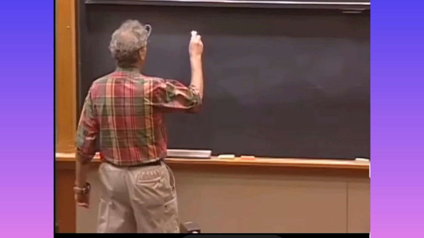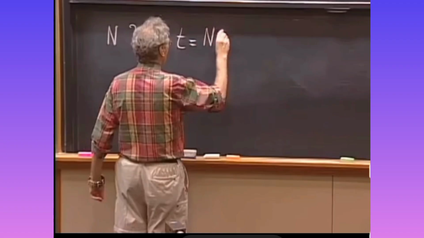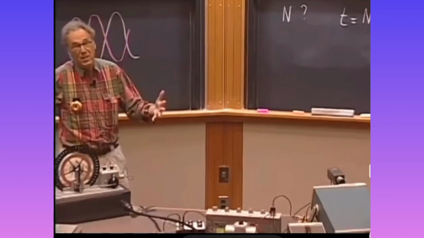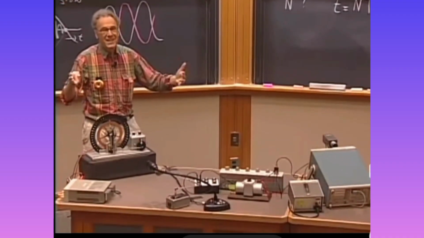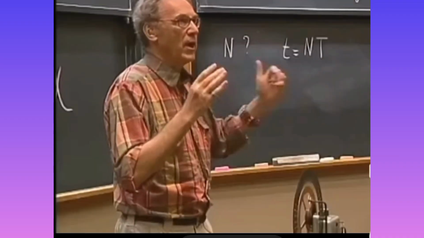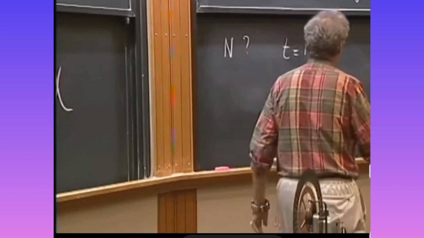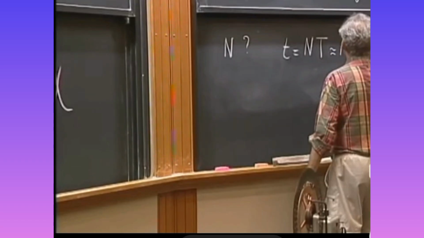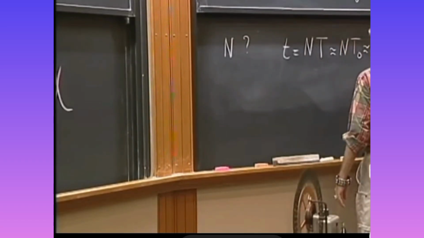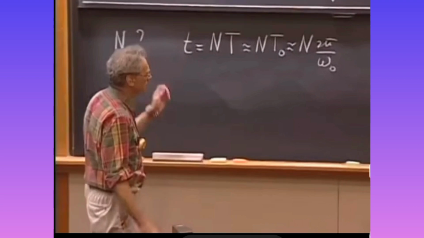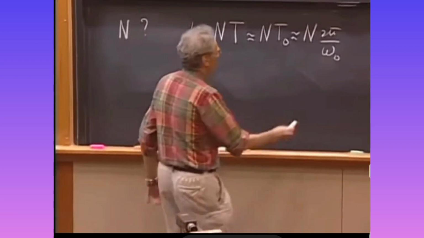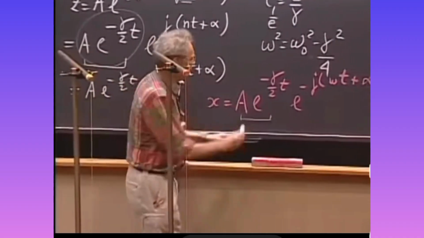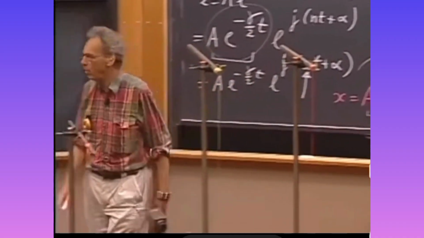Well, n oscillations would take this long, T being the period of one oscillation. But for reasonable values of Q, T and T0 are the same, like omega and omega 0 are closely the same. So I can write for this that this is approximately n times T0, so that's approximately n times 2 pi divided by omega 0. I can now substitute this time in this T and only concentrate on that decay portion, that early part.